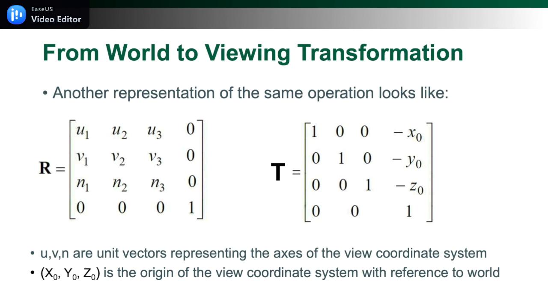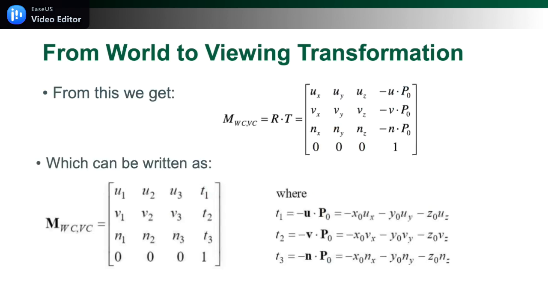Once we have figured out u1, u2, u3, v1, v2, v3, n1, n2, n3, it's easy. We just use these two matrices to get our final resultant matrix, like this operation here. This is math. Feel free to pause the video to spend more time on this.